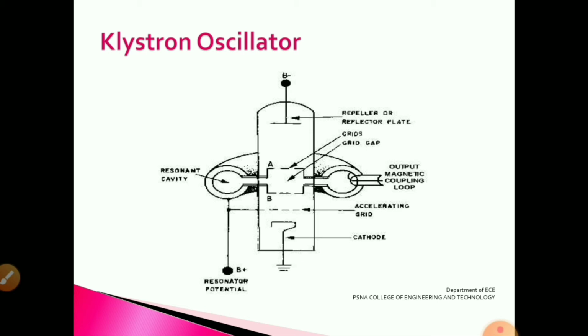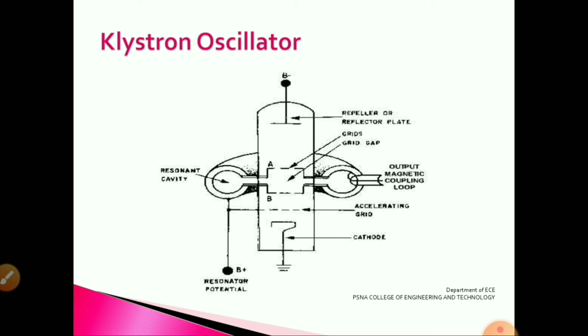The electrons in the beam are velocity modulated before the beam passes through the cavity the second time and give up the energy to the cavity to maintain the oscillations. This type of klystron oscillator is called a reflex klystron.